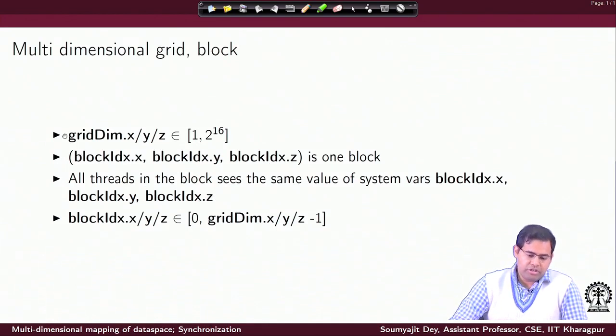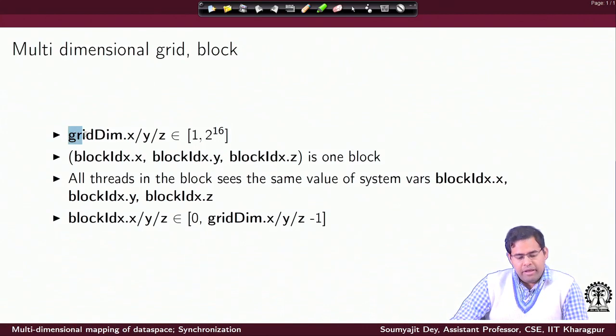These are essentially system variables that the program can always access. You do not need to define them, and you cannot actually define or initialize them. The moment you launch the kernel with suitable launch parameters, you have automatically available values of these variables, that, for this CUDA kernel, what is the grid dimension in the x axis, y axis and z axis.